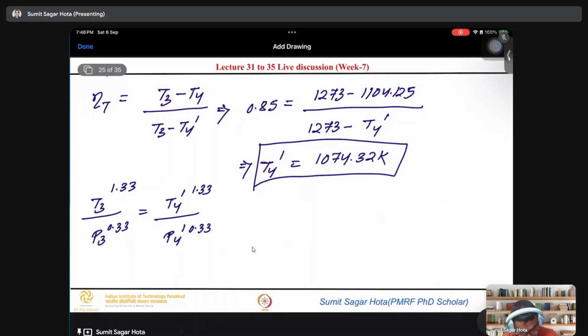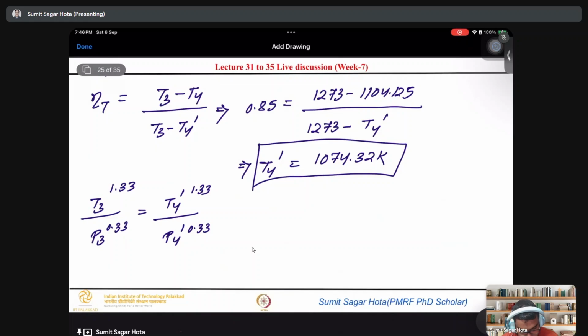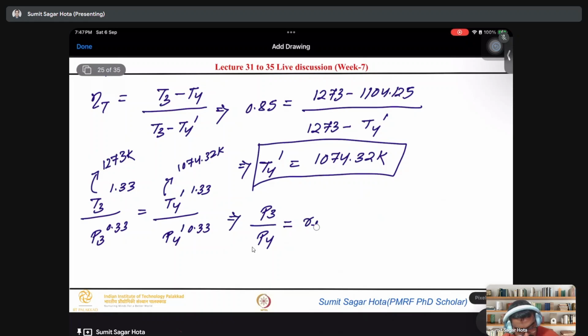T3 we have already, 1273 Kelvin. T4 dash we have already, 1074.32 Kelvin. If you substitute all these values and take the ratio P3 by P4, you will get the pressure ratio of the turbine RT equal to 1.98.